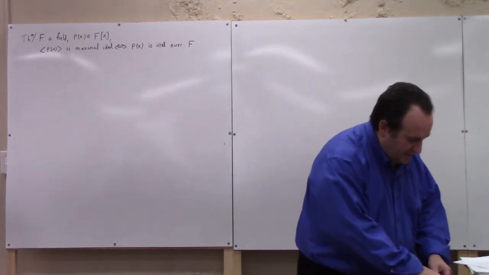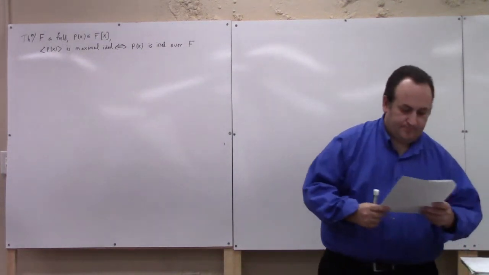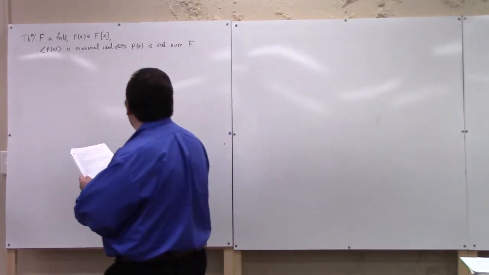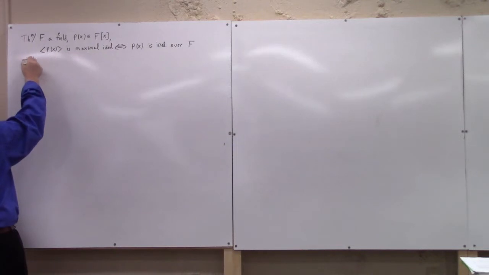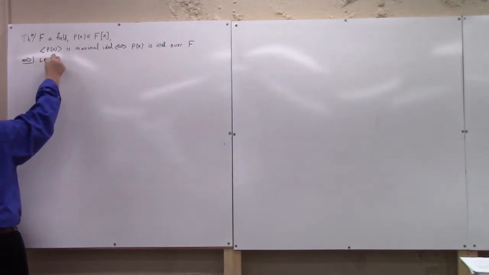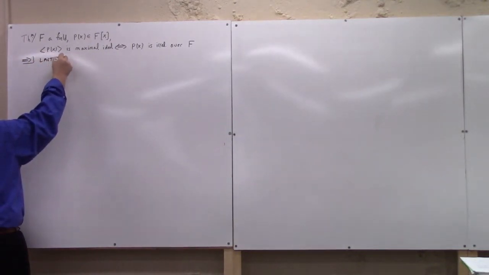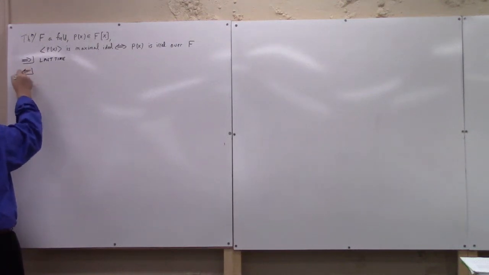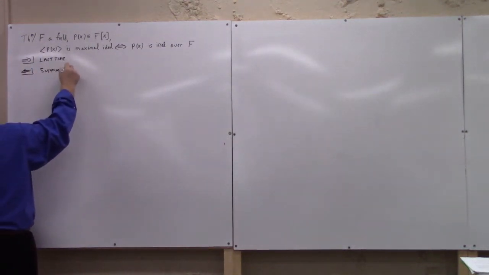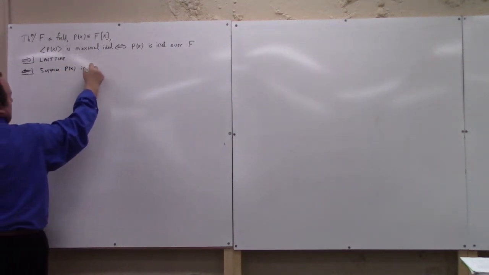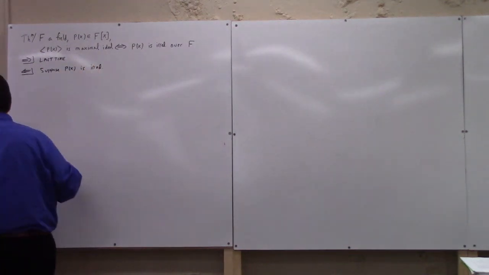Okay, so here goes. We proved this direction last time, right? The forward direction last time. So let's begin with the converse direction. Suppose P of x is irreducible, all right?